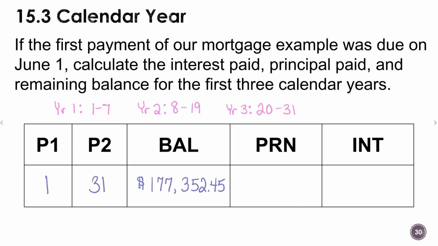That's at the end of the third calendar year, which ends in December of that year because we're talking about calendar years. And the principal is $7,647.55, and the interest is $22,303.41. Here's the sad part: we just paid $22,000 in 31 payments toward interest.